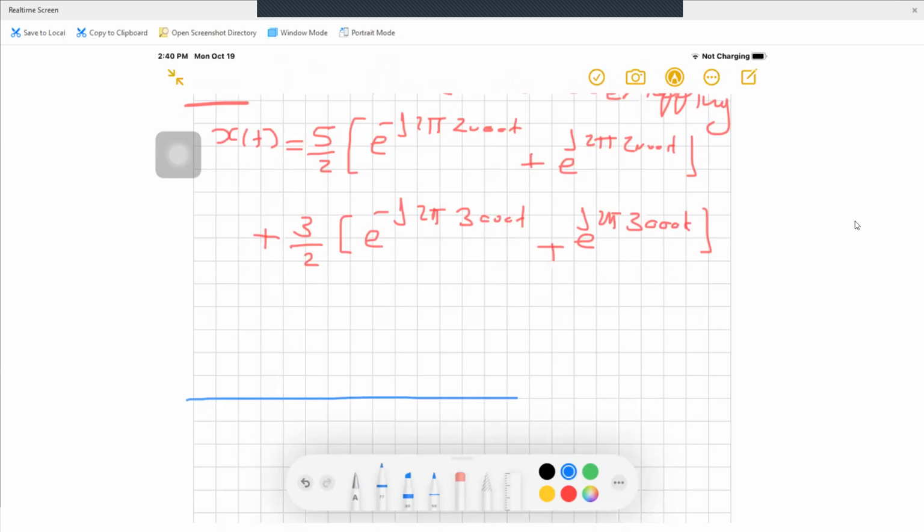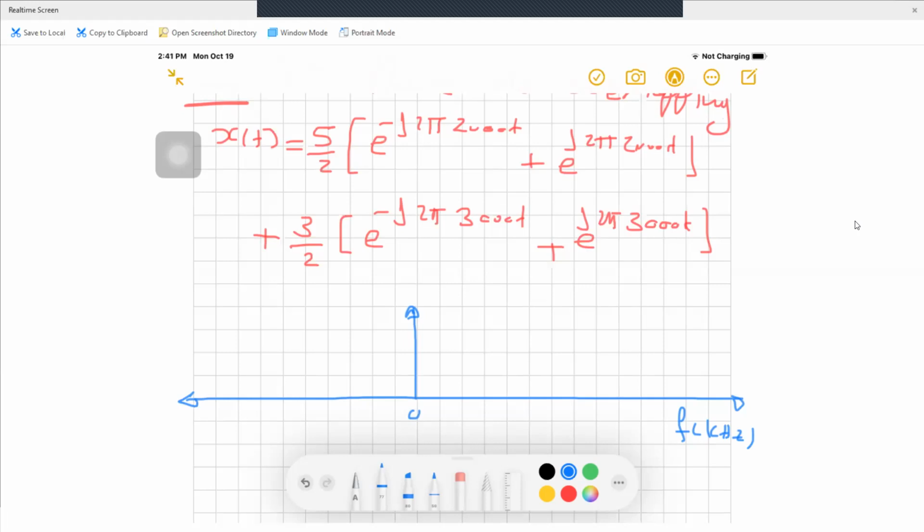Now, easily we can draw the spectrum for this signal. This will be the frequency axis, F in kilohertz. This will be the origin, the zero frequency. Now we have two frequencies, 2 kilo and 3 kilo.